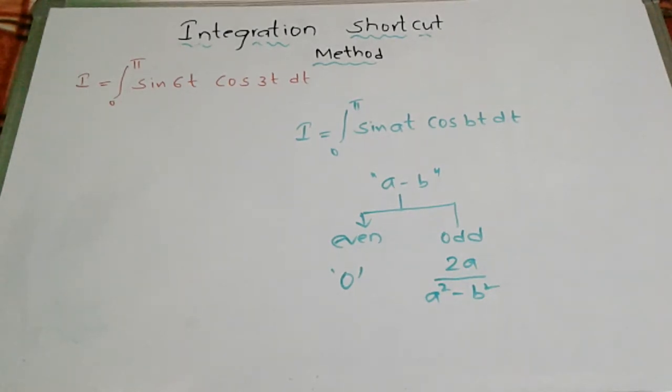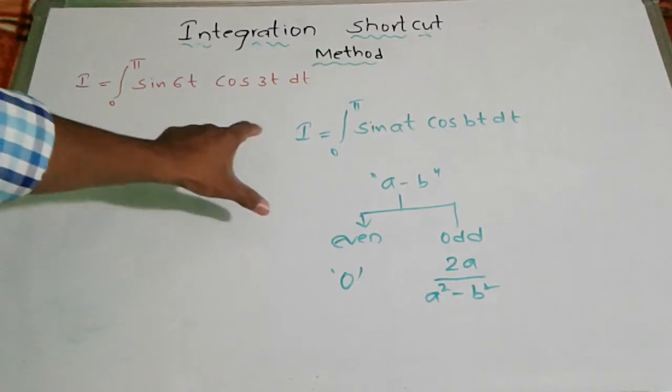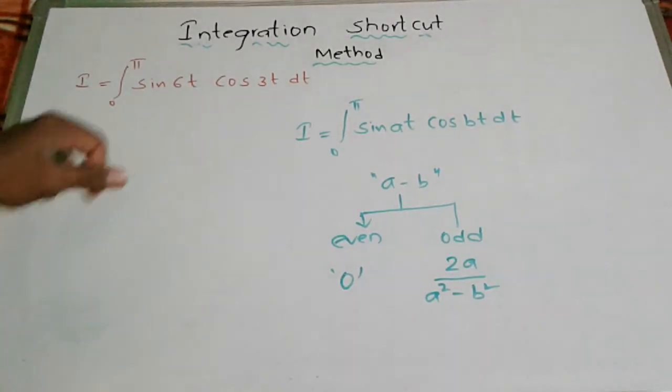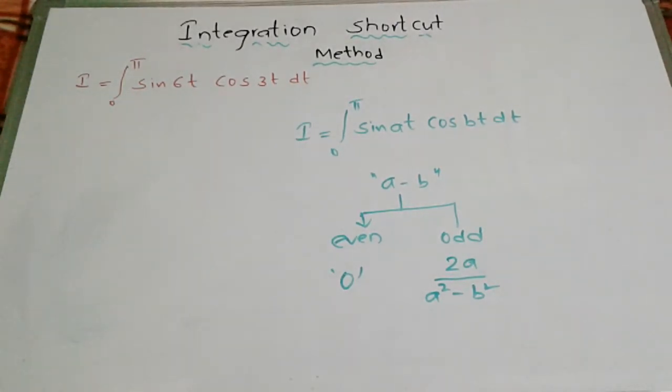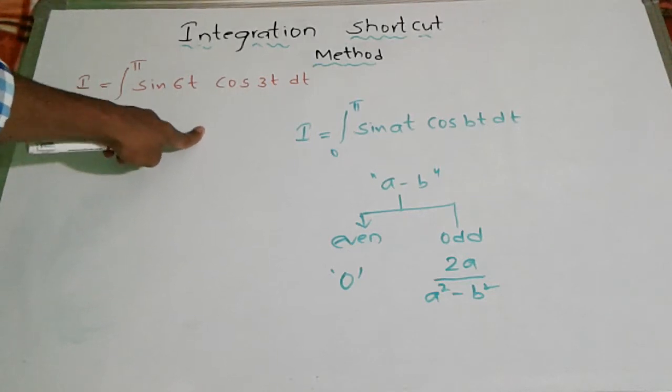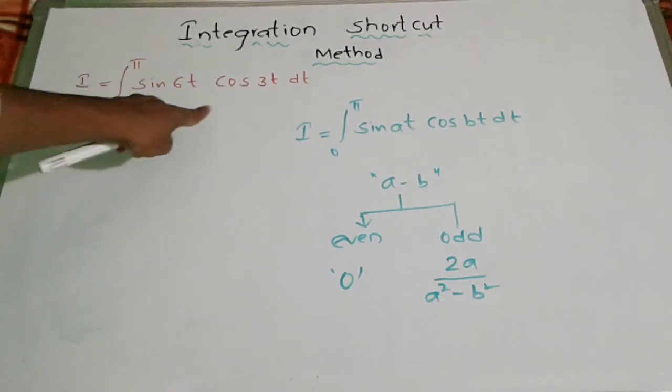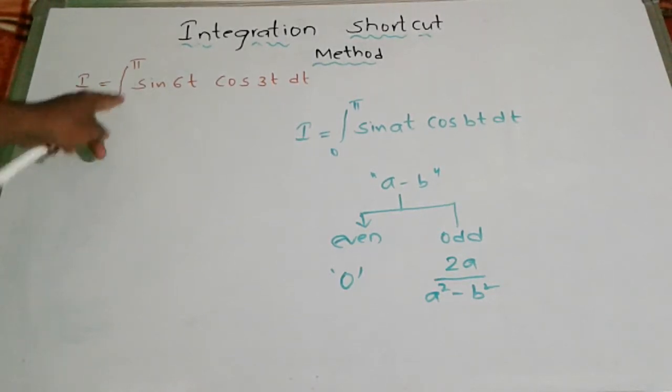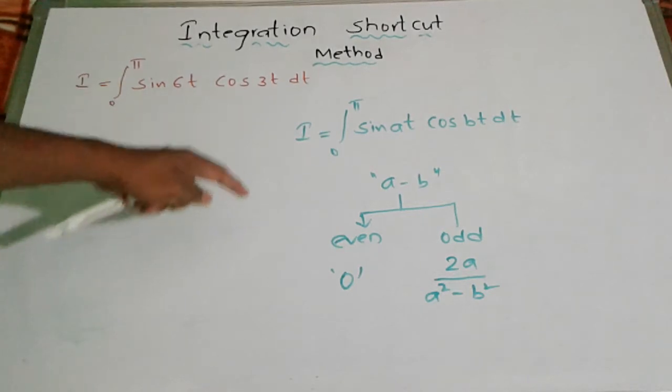Okay guys, this is the stuff which you have to remember in order to apply this shortcut method, right? And let's move to the question which we have. First of all you have to check whether this is in the general form or not. You can observe here the integral is 0 to pi, right?